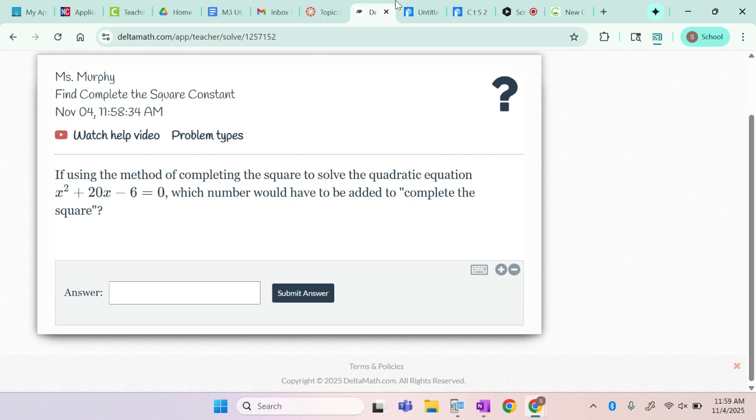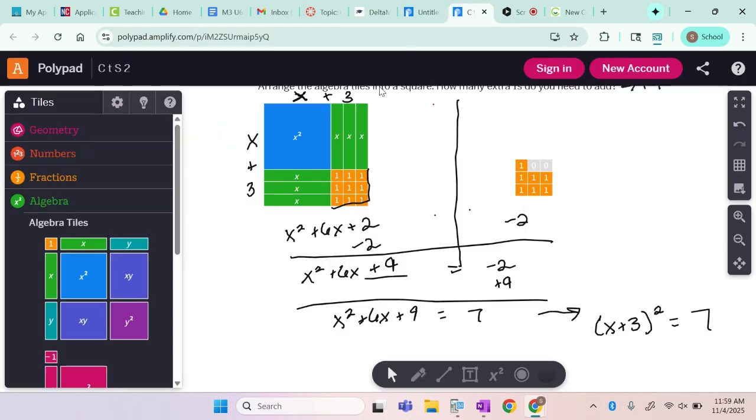In other words, what did we do first here? We started out with 2 ones, but what did I do with those 2 ones? You moved them to the other side of the equation.